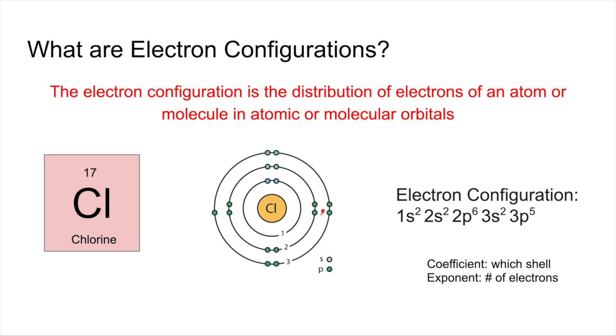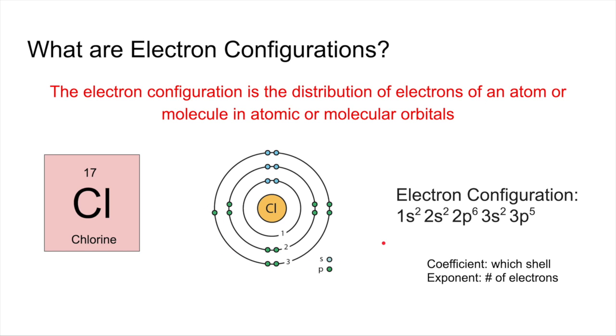So P is green. So there are the 6 electrons. And we have 2 electrons in the S subshell in the third shell. So we go to the third shell. There they are. And last we have 5 electrons in the P subshell in the third shell. So there's the 5.